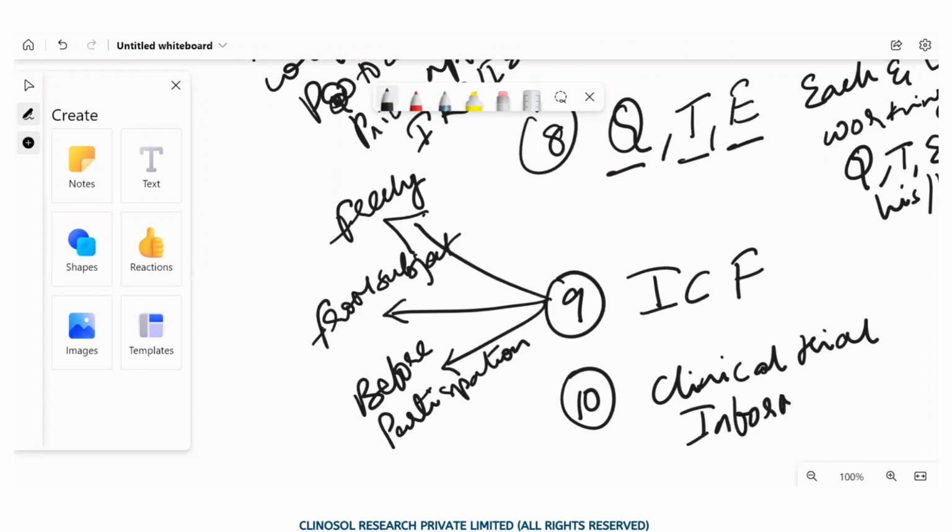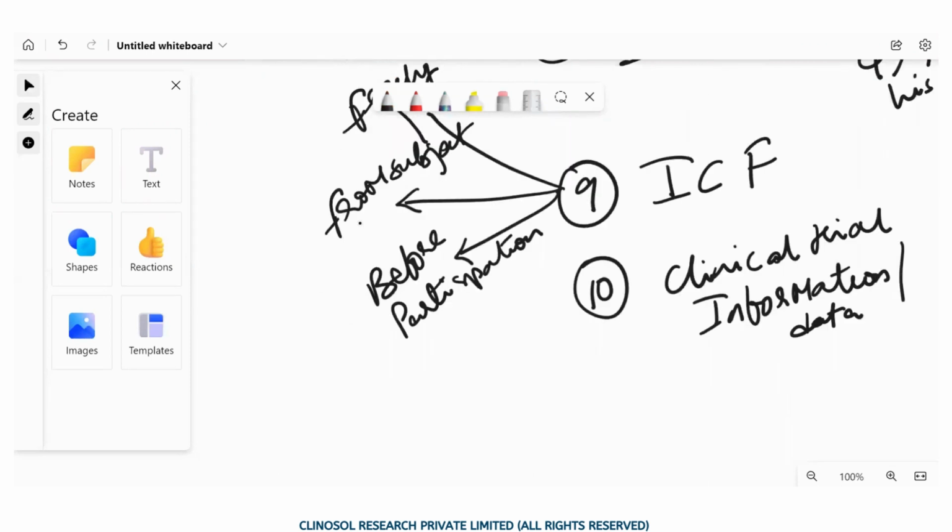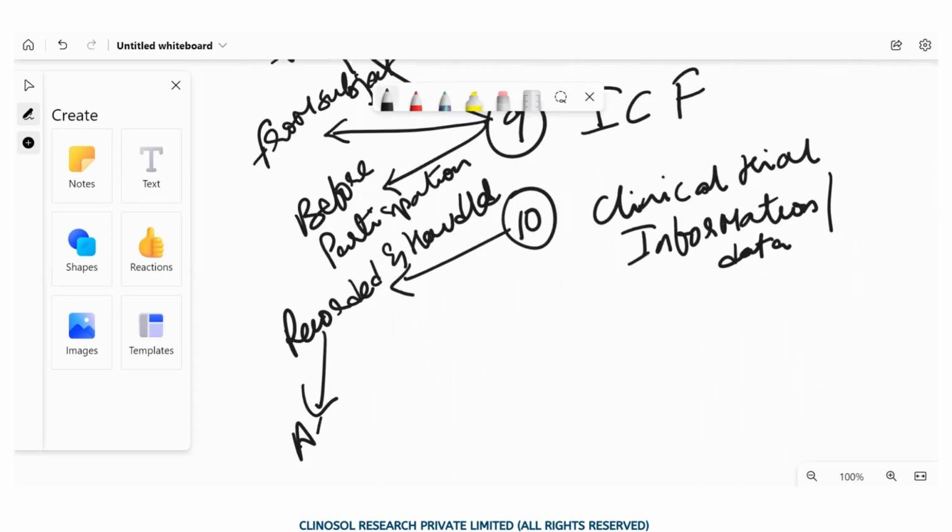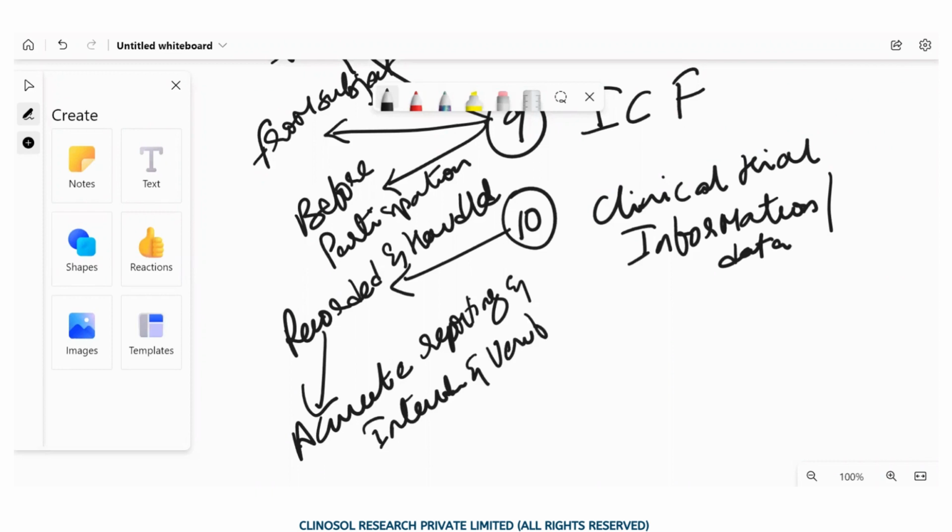Clinical trial data should be recorded and handled in such a way that allows accurate reporting, interpretation, and verification. It means that the clinical trial data should never ever be falsified.